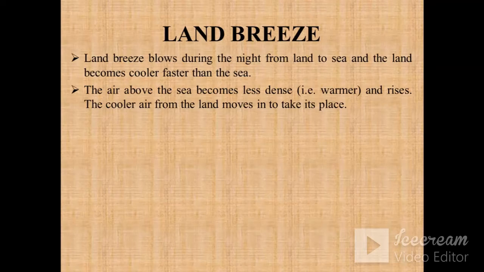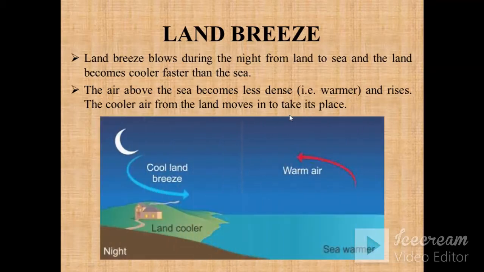Now what is the reason behind this? Air above the sea is warmer and less dense, so it is lighter in weight, so it rises, and the cooler air from the land moves in to take its place. This is how land breeze is generated.